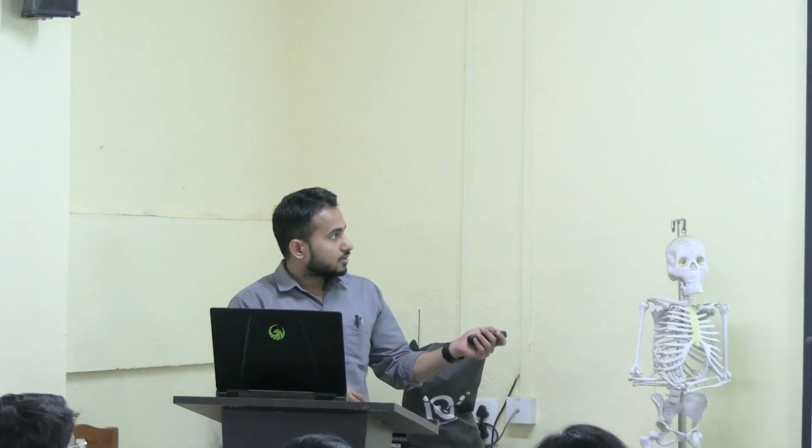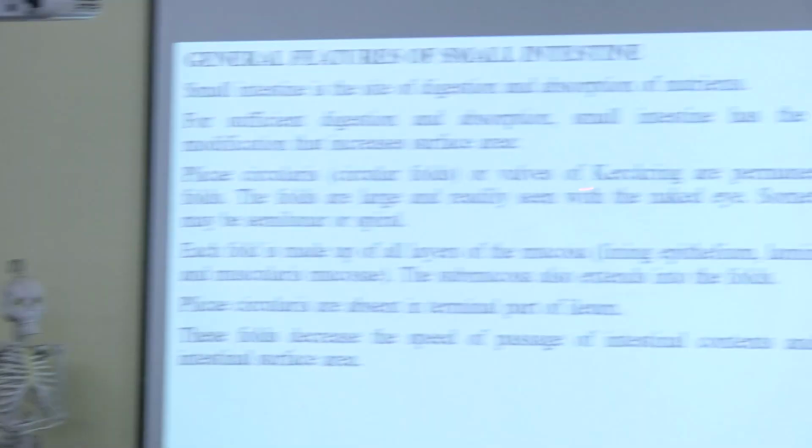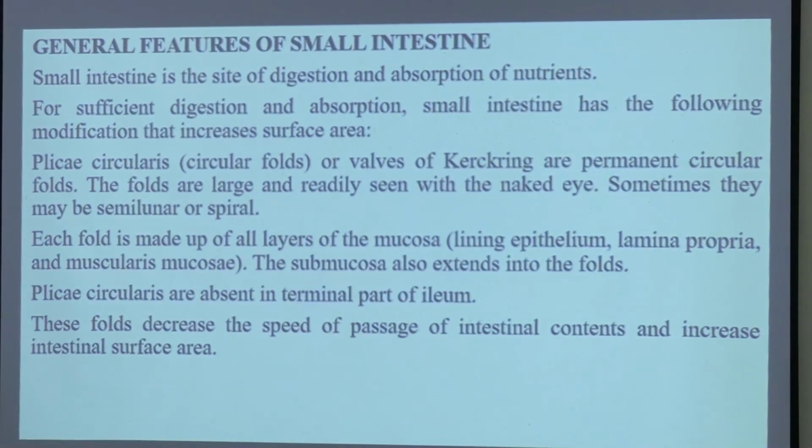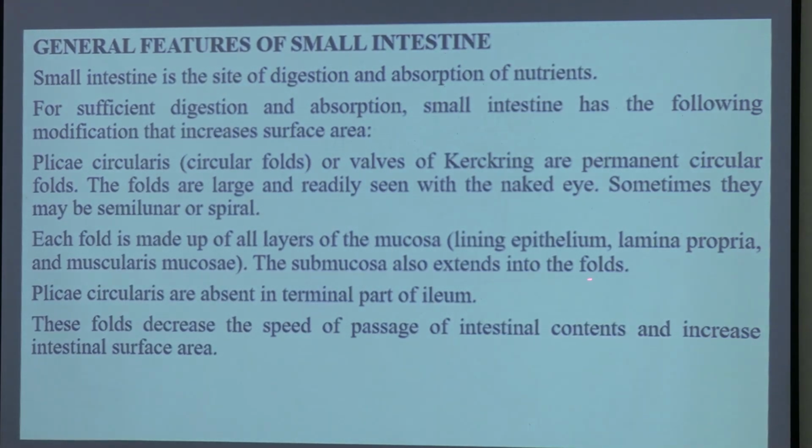Now this fold can easily be seen, and sometimes there are areas where the folds are not circular; they are semilunar or longitudinal, which we already discussed in the internal structure of duodenum. Each fold is made up of all the layers of mucosa, and sometimes submucosa also extends into the fold.